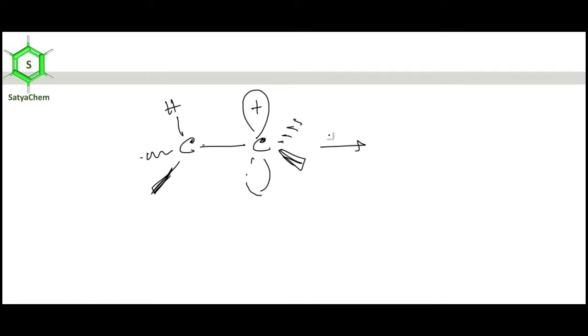Now we can have this type of sigma electron delocalization. This CH bond contains 2 electrons. We know any bond formation requires 2 electrons, and here there will be a new pi bond, which is formed by this sigma electron pair.